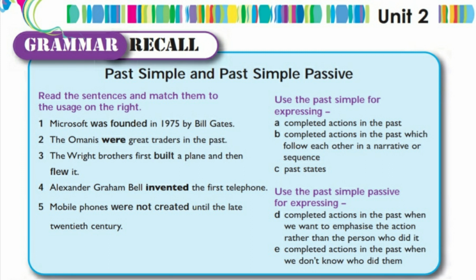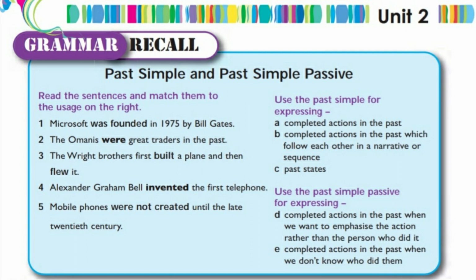Now, concerning the first sentence, Microsoft was founded in 1975 by Bill Gates. Do we know the doer of the action? Yes, it's Bill Gates who founded Microsoft. So this is D. So we know the doer, but we want to emphasize the action.